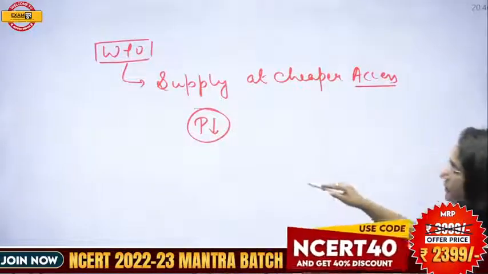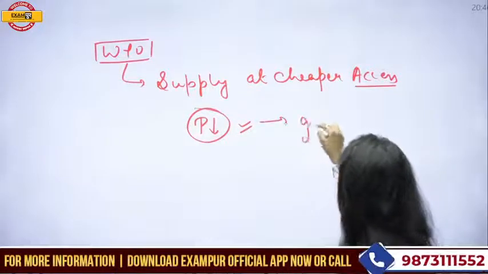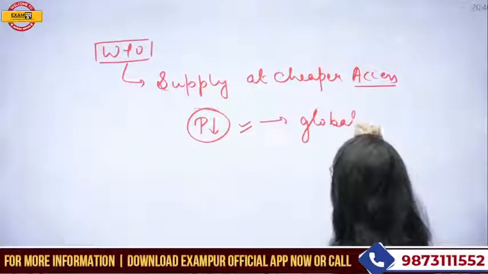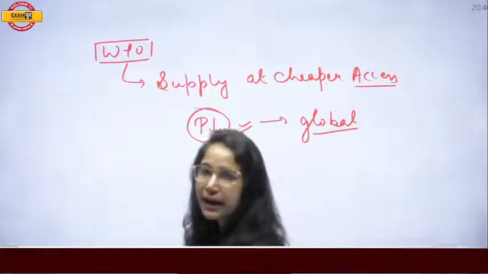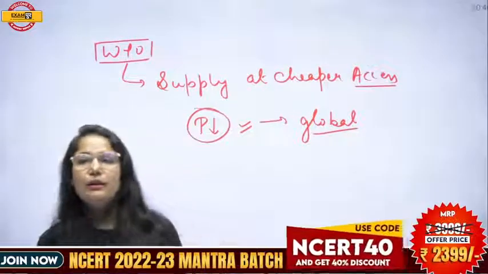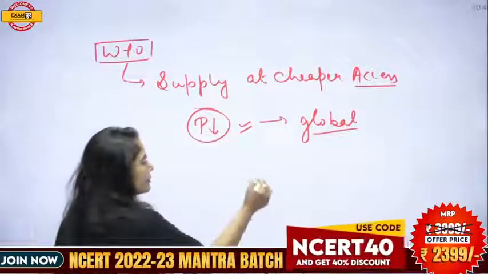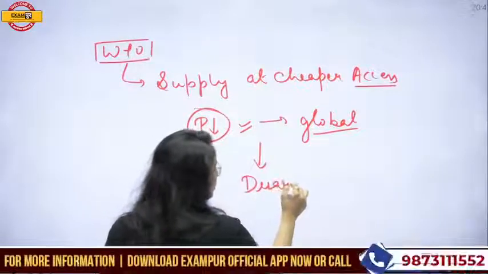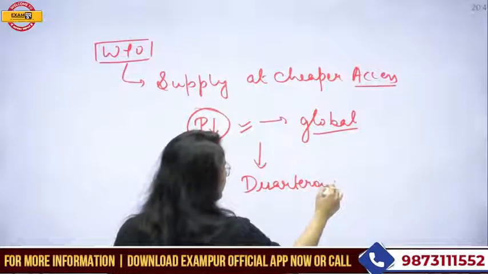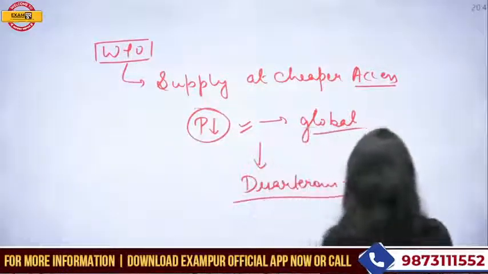So if we provide food grains at a cheaper rate, this can create a scenario in the global world. And this competition might again cause a situation for the country which is in a downtrend. Okay? So this would be a disastrous situation for the global cause.